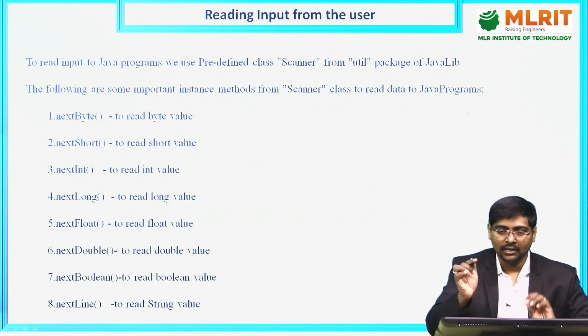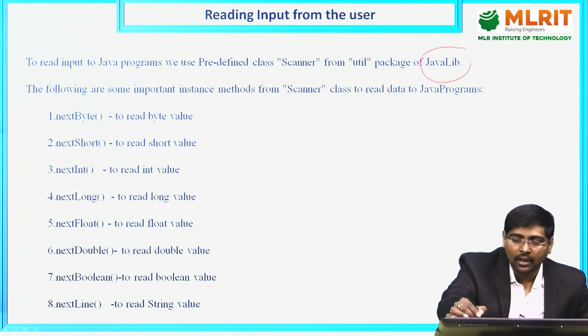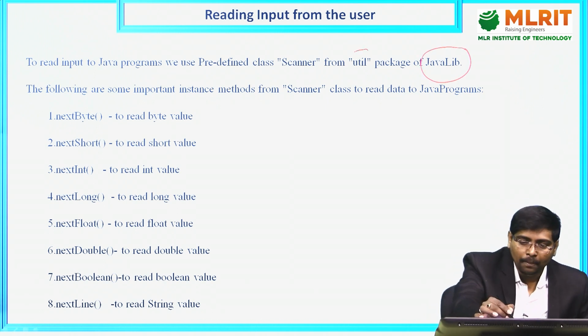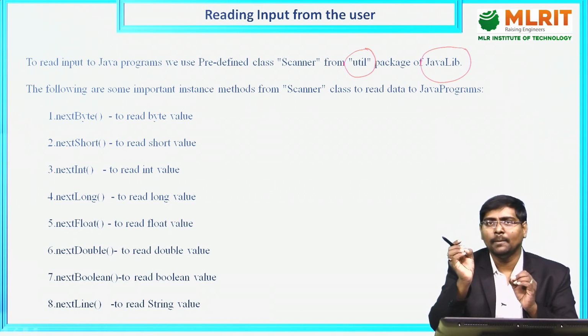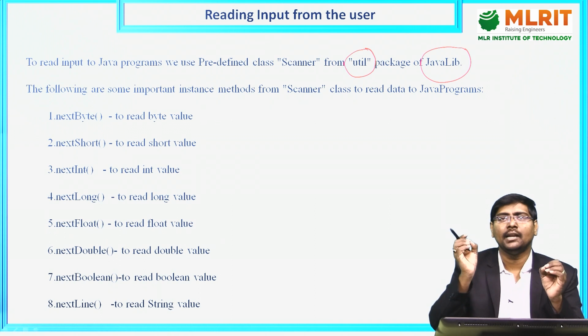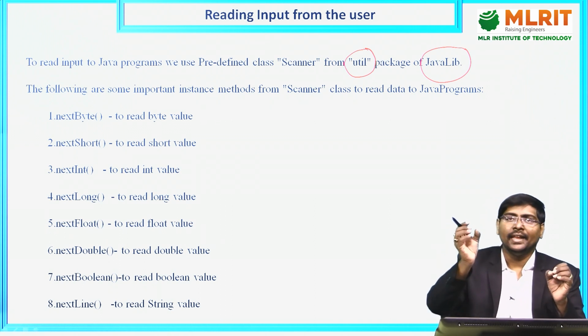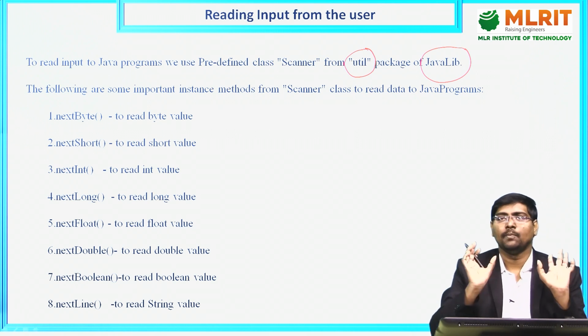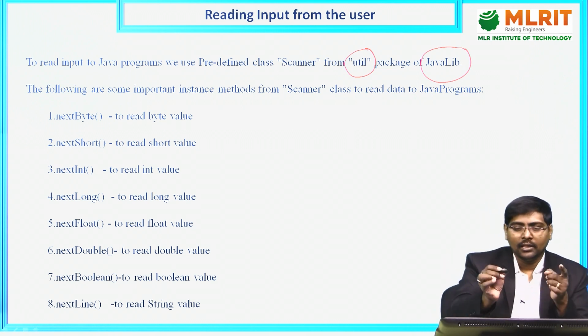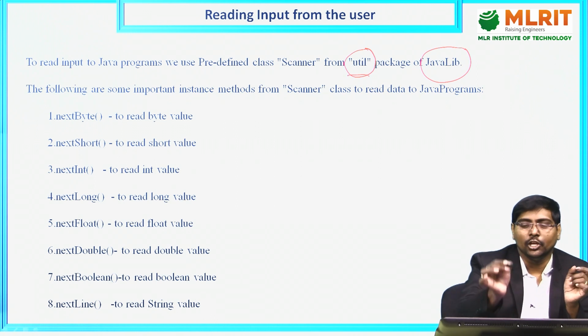For that, the Java library provides one package, util. Anyway, you know that one. The Java library consists of multiple packages, and internally each package consists of multiple classes. Among them, one package is util.